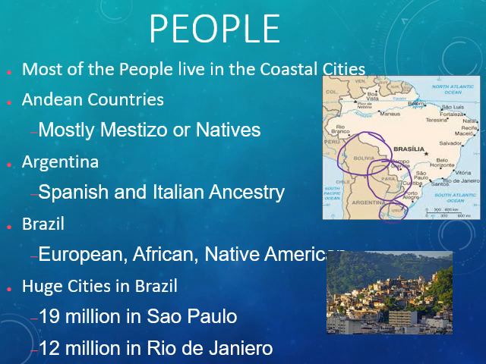And so in the Andean countries, in Peru and Chile in particular, the ones where the Andes run up through here, most of the people there are mestizo or native. So they're either a full-blooded native or they have mixed between native and Spanish.